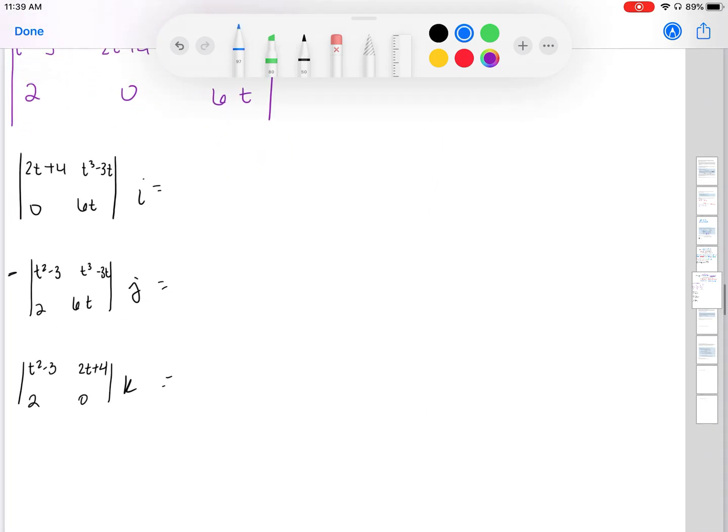So while we multiply across, we have 2t plus 4 times 16. That gives us 12t squared plus 24t minus, well, anything times 0 is 0. And then we have 2t minus 3 times 6t, which will give us 6t cubed minus 18t, minus 2 times t cubed minus 3t.